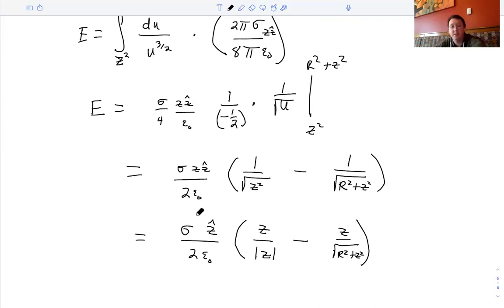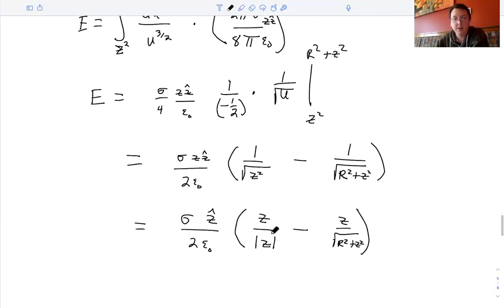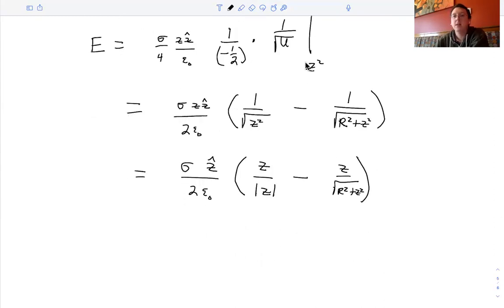Now, this is the right answer. I'm just going to leave it in terms of sigma because of what I want to do next, because I want to take the limit as the disk gets really big and sigma stays constant. If we wrote it in terms of Q, that's just algebra. You can do that if you want.